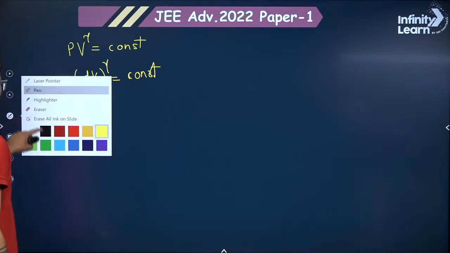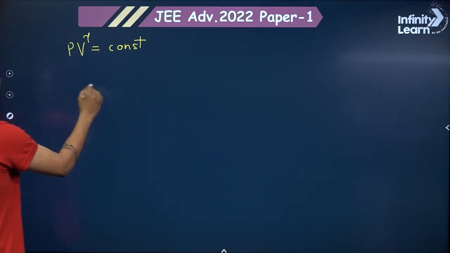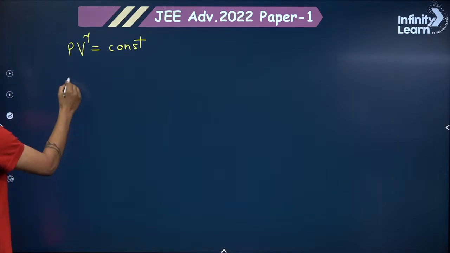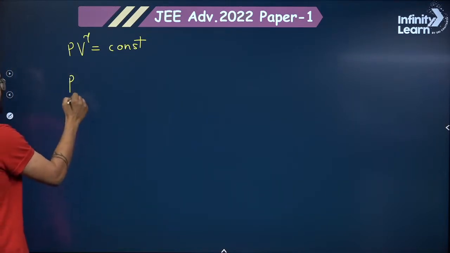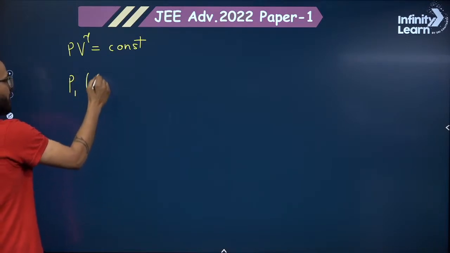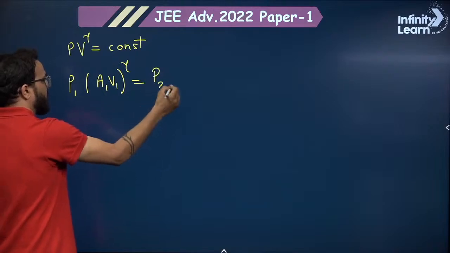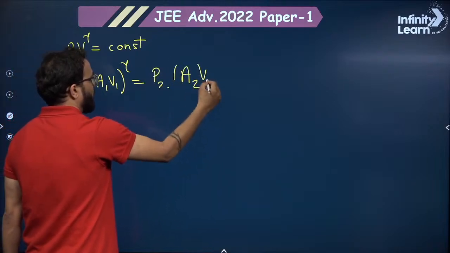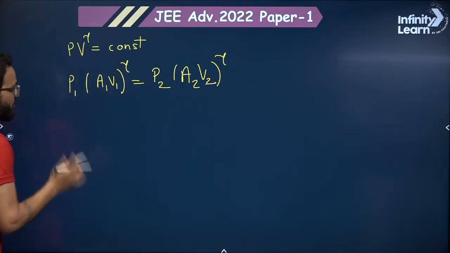Okay. So I'll use this concept of volume flow rate here, because the flow rate is uniform, so we can use that concept. So P1 into A1 V1 to the power gamma is equal to P2 into A2 V2 to the power gamma, right? So what is P1?